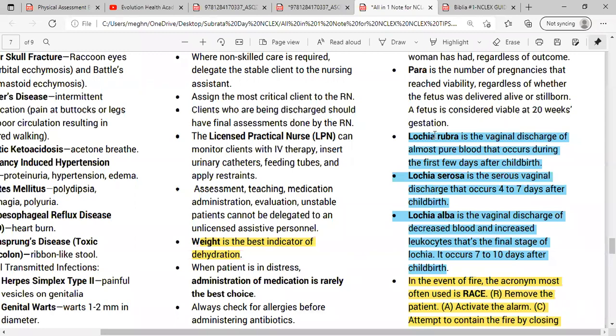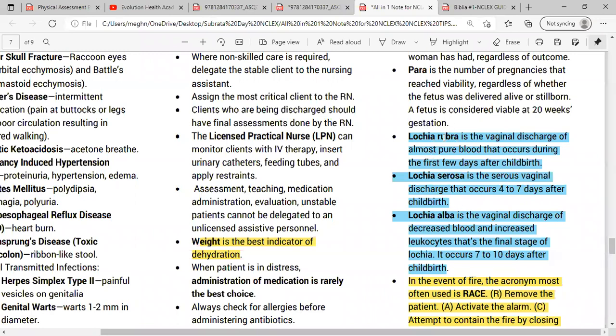Rubra is a bloody discharge, serosa is a pinkish-brown serous fluid, and alba may be brownish. Rubra is common 1 to 3 days postpartum, serosa 5 to 7 days postpartum, and alba 1 to 3 weeks postpartum.